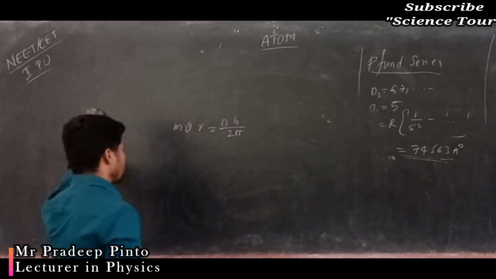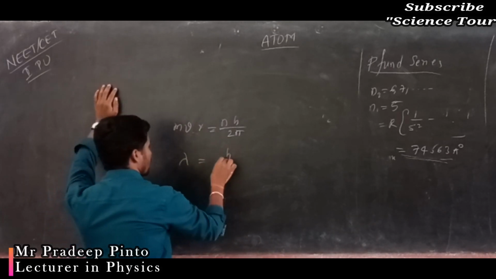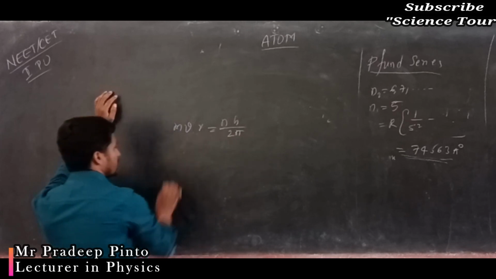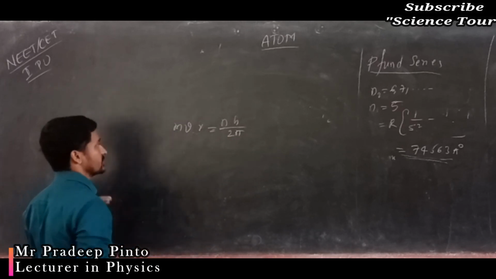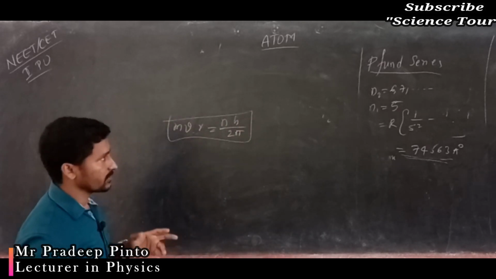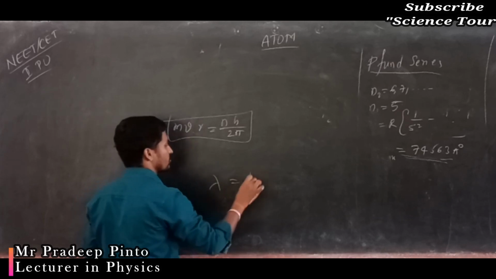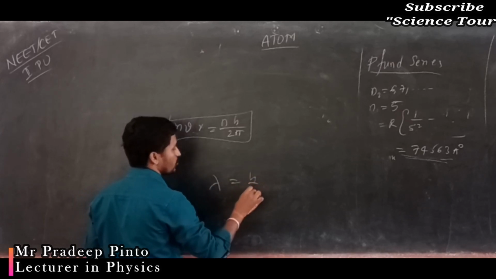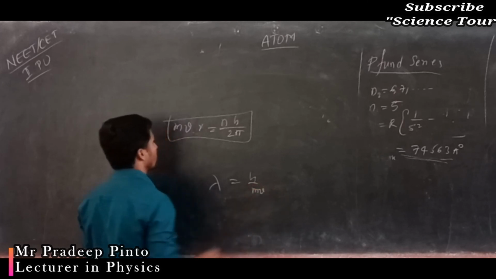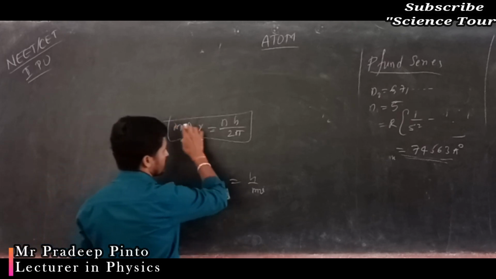Now, what is mvr? Because of the de Broglie wave equation, we know that lambda is equal to h by mv, isn't it?